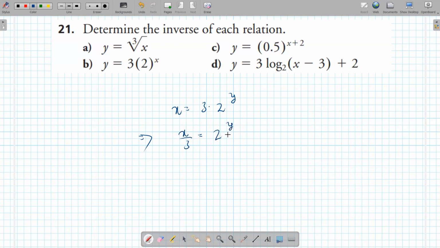Okay, and then you do log. So you'll get log of x divided by 3 is equal to log of 2 to the power of y, right? And then y comes to the front, and then you divide both sides by logs, and you're done. So that'll be the inverse.